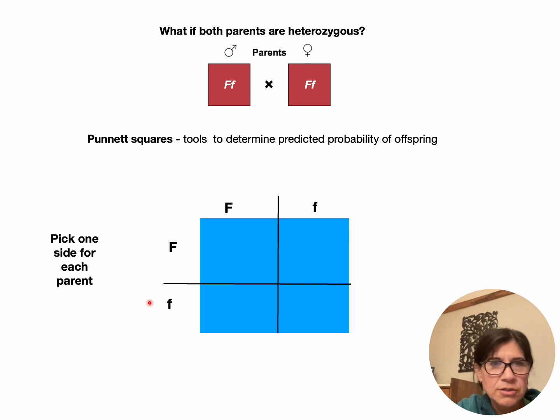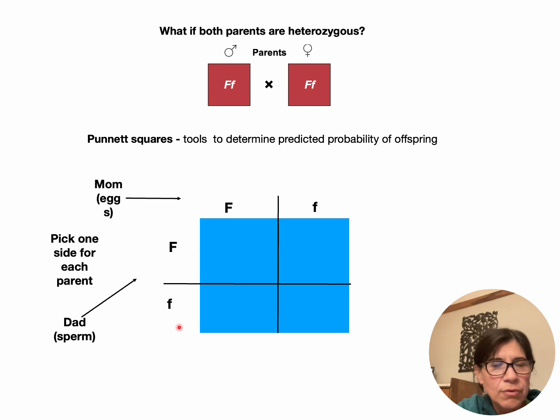And so let's just say that the mother's eggs will go here. And so the mother, this is a symbol for woman, is big F, little f. But her gametes, her egg, will only have one of the genes, not both. So the egg could either have a big F, or the egg could have a little f based on her genotype.